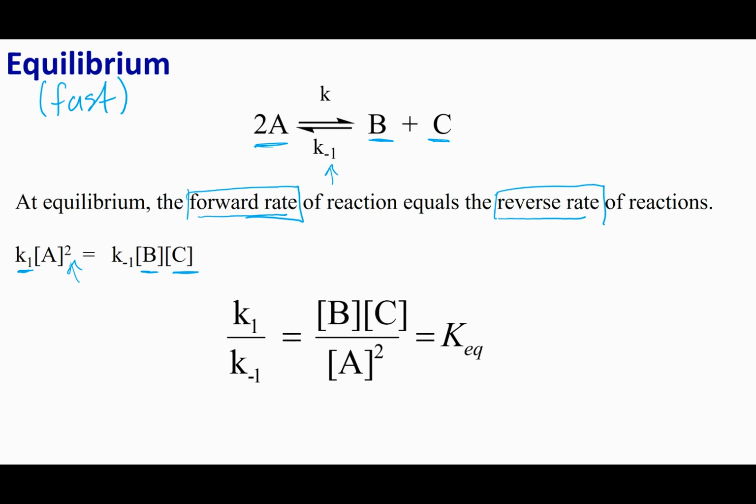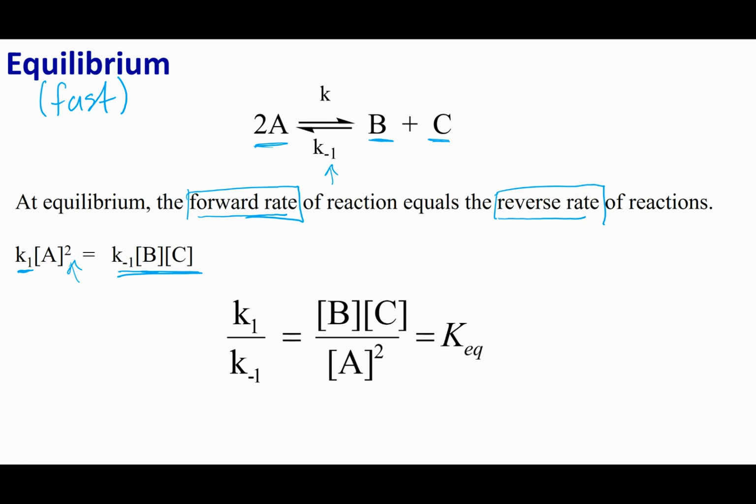This isn't 1 over k, or k times -1. These can be completely different numbers, completely different orders of magnitude. So we can write our reverse rate as k to the -1 times B times C.